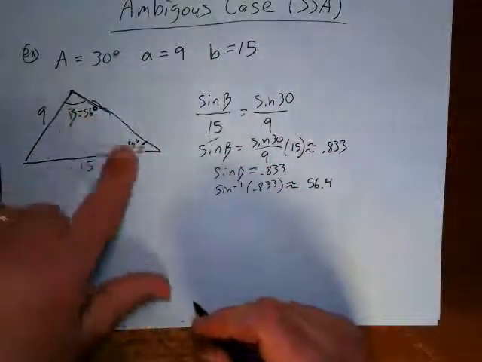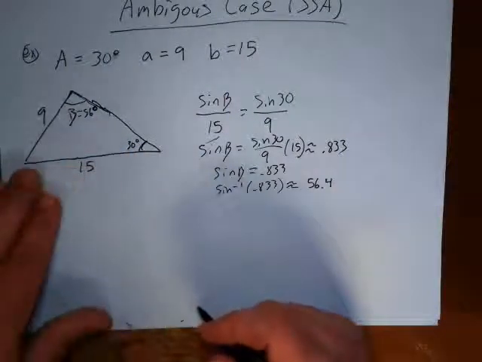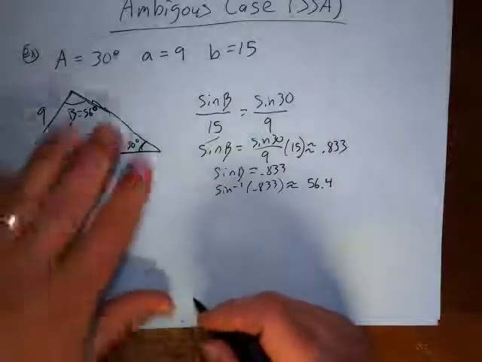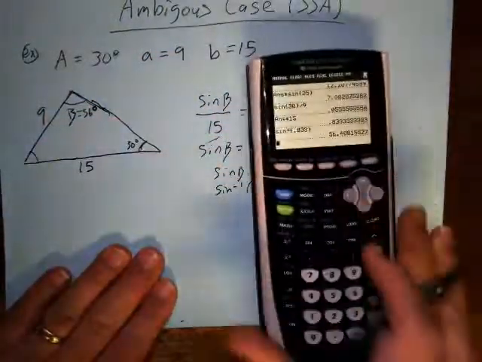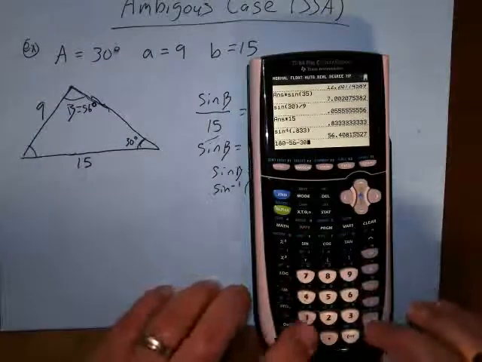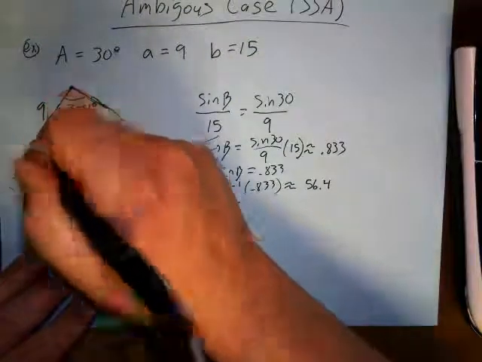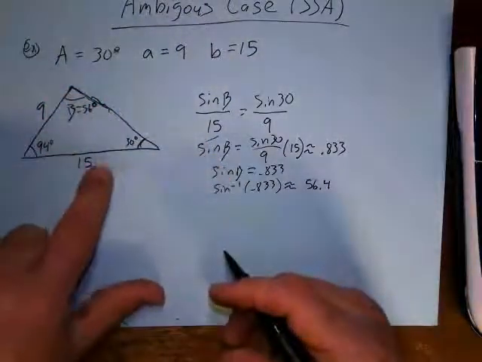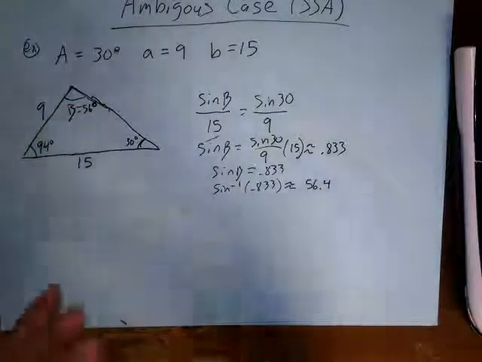Now I have two angles and at least one side, so I should be able to find the other side. I'll find this angle: 180 minus 56 minus 30, and I get that this angle is 94 degrees. You can see that not everything here is necessarily the right dimensions.